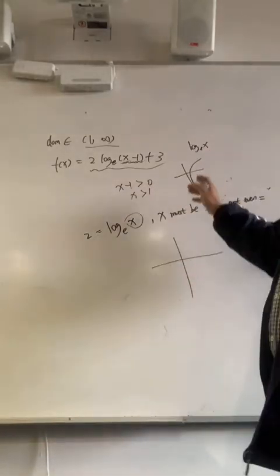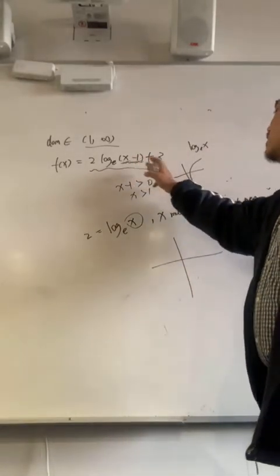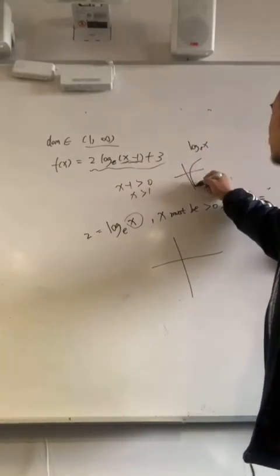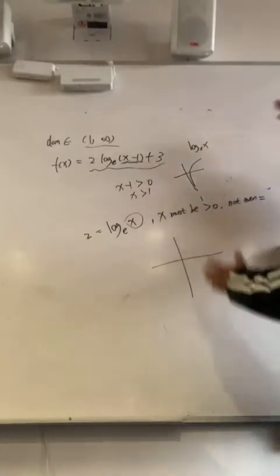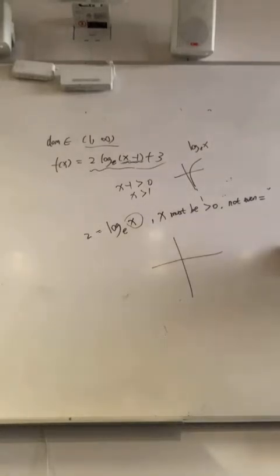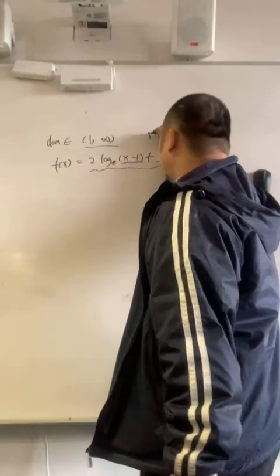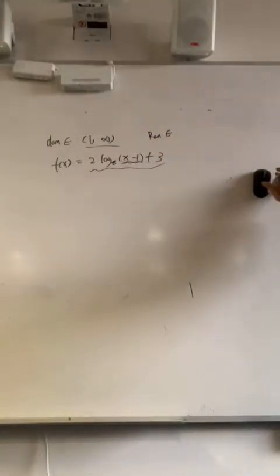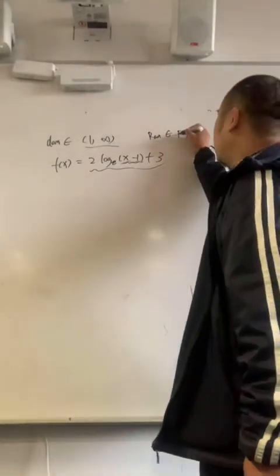Now you just translate 1 unit to the right, and then translate some units up, but no matter what, it will keep going to infinity. Okay? The domain, the range?